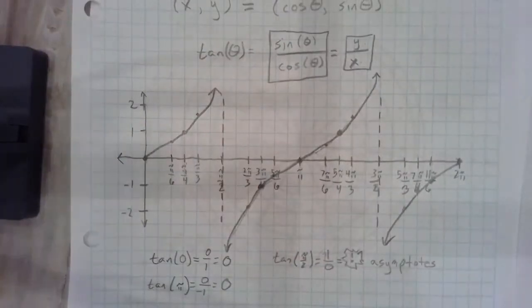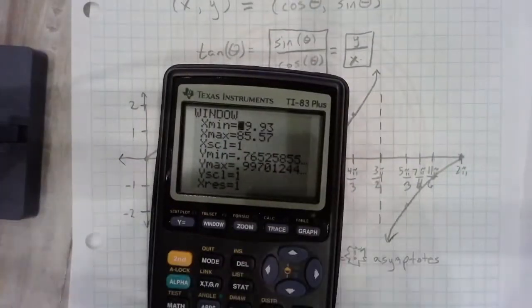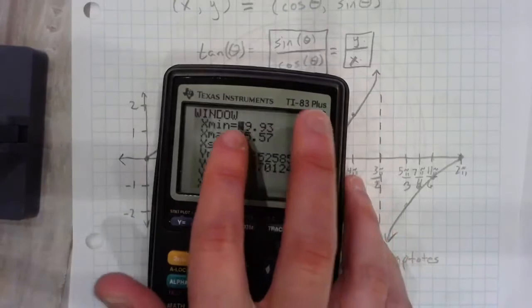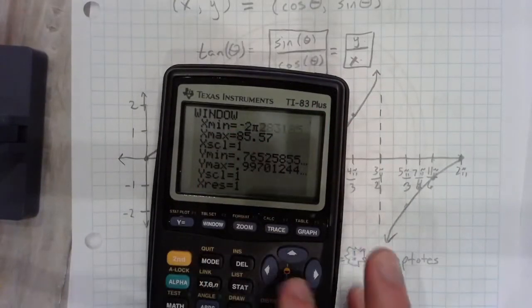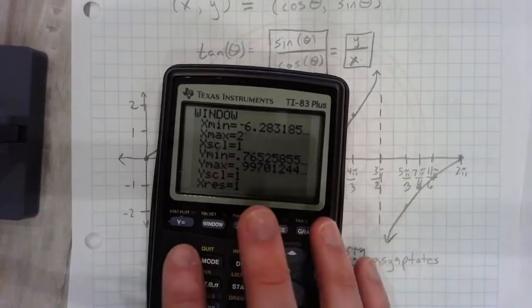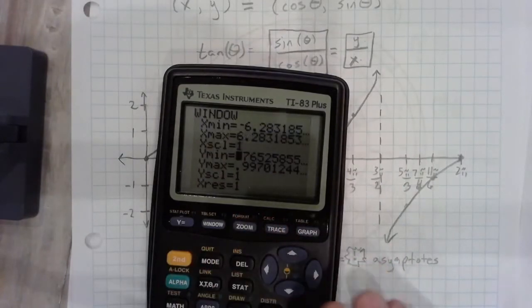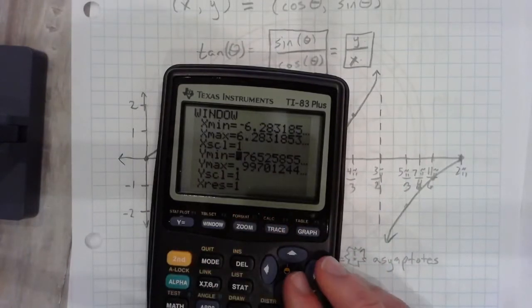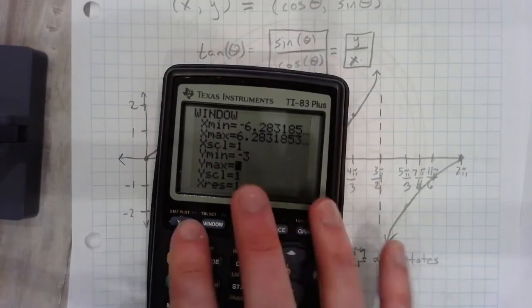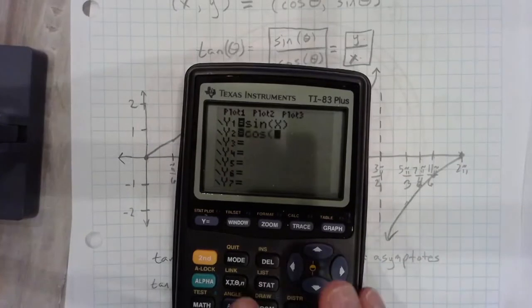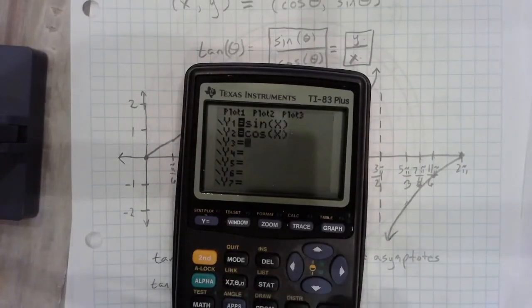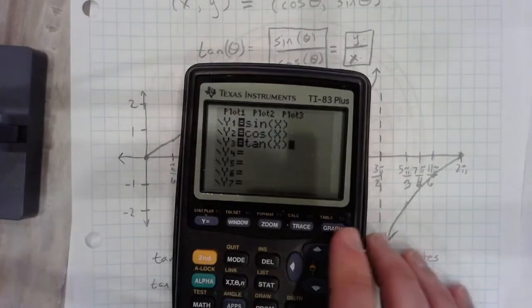So let's see what this would look like when we graph it using the calculator, just for fun, now that we've done this. For x min and max, let's actually say negative 2 pi for the min, and positive 2 pi for the max. And then for the y min and max, I'm going to say, how about negative 3, positive 3. Then let's write in sine of x, and cosine of x, and tan of x, and see what happens when we graph all three of these.